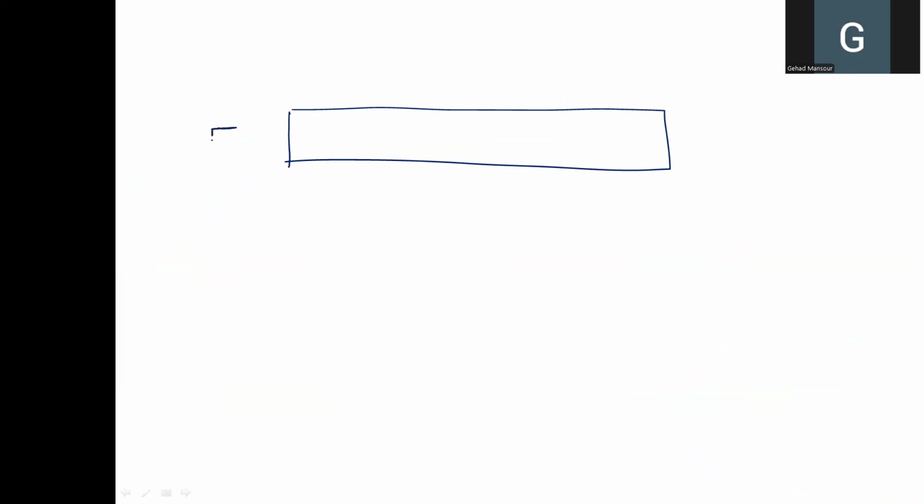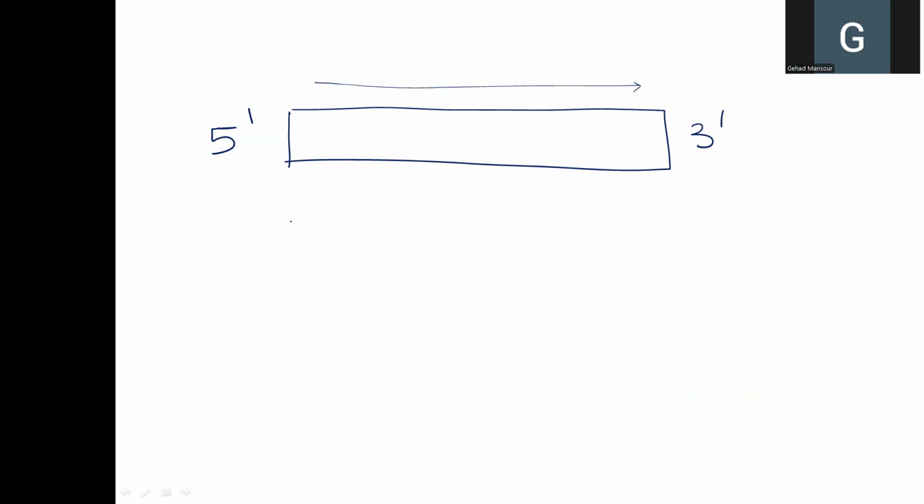So if you have the original strand, that is, for example, one strand that is 5 prime to 3 prime, and that strand, of course, is made up of nucleotides, but I'm just representing the polynucleotide strand of DNA by a rectangle. This means that the strand of DNA is laid horizontally like this.